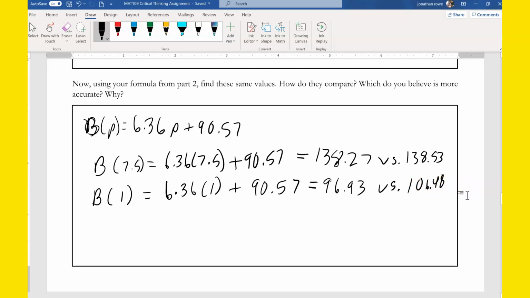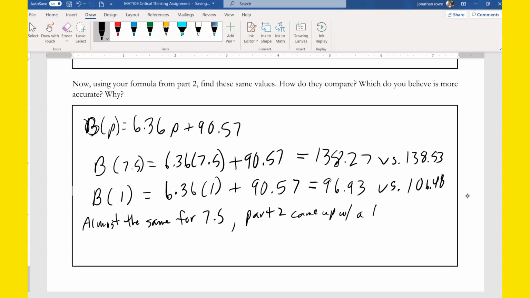So it says, how do they compare? So almost the same for 7.5. Part 2 came up with a lower result for 1. Which is more accurate?